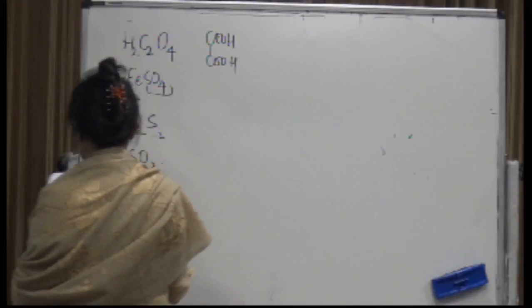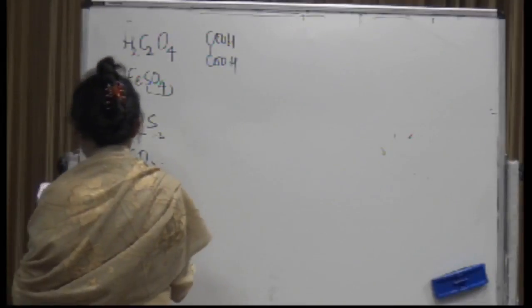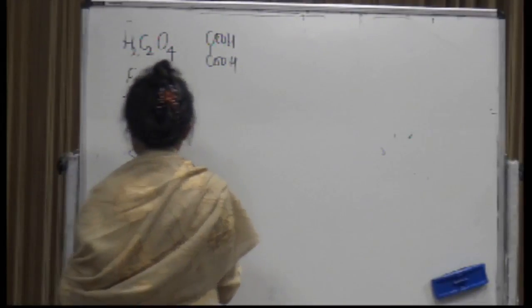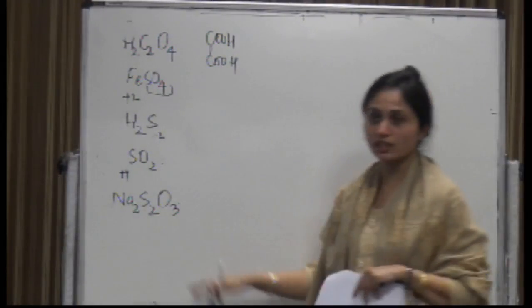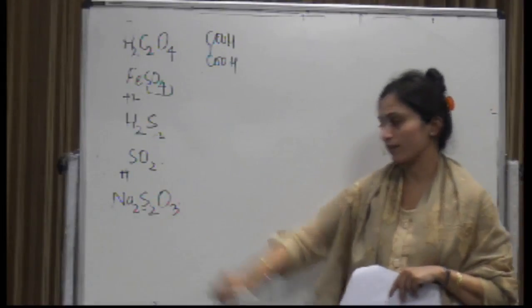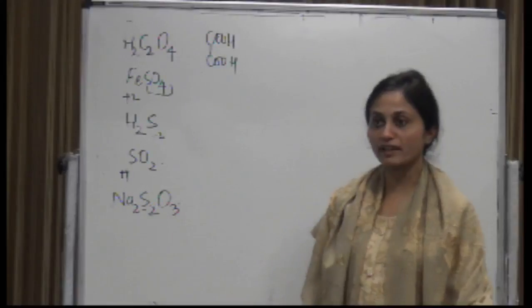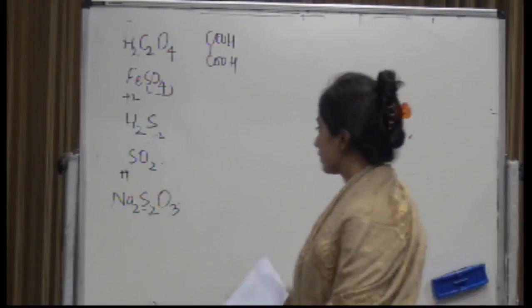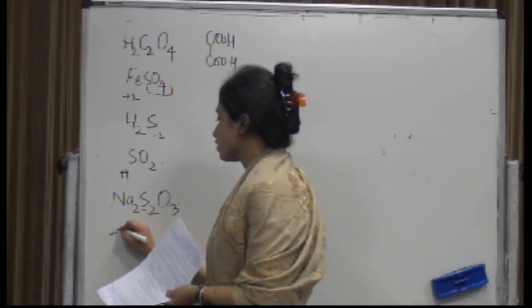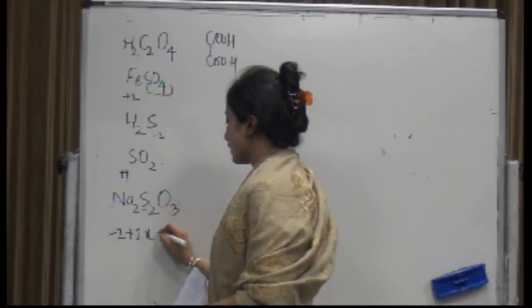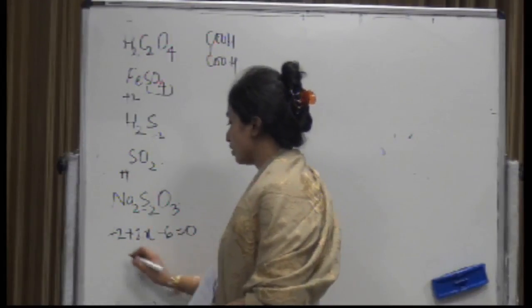Now, okay, this is also a good reducing agent, which is Na2S2O3. Find out the oxidation state of sulfur. Na will definitely remain in +1 क्योंकि हमने वो rules में करा है, group 1. So it will be +2 plus 2x minus 6 is equal to 0.